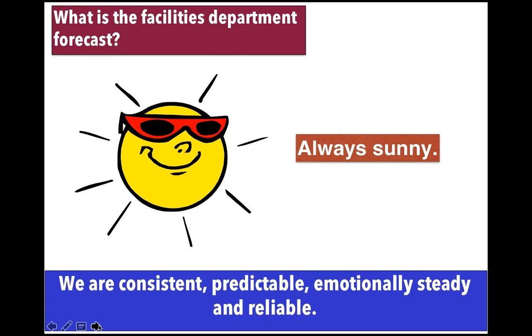Now, what goes on behind the scenes, that's another matter. If you want to feel frustrated, that's fine. We need ways of communicating that. But from the point of view of our customers, it's always sunny. And so being consistent is important. Would you agree? Consistency and being emotionally steady is important, at least in perception.